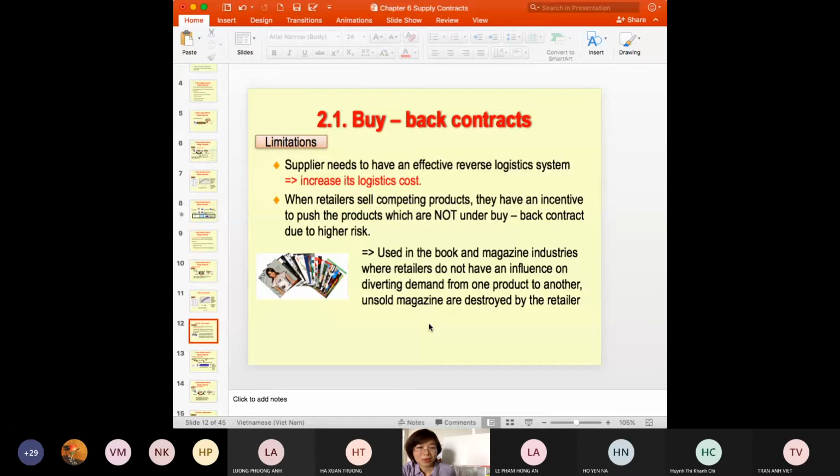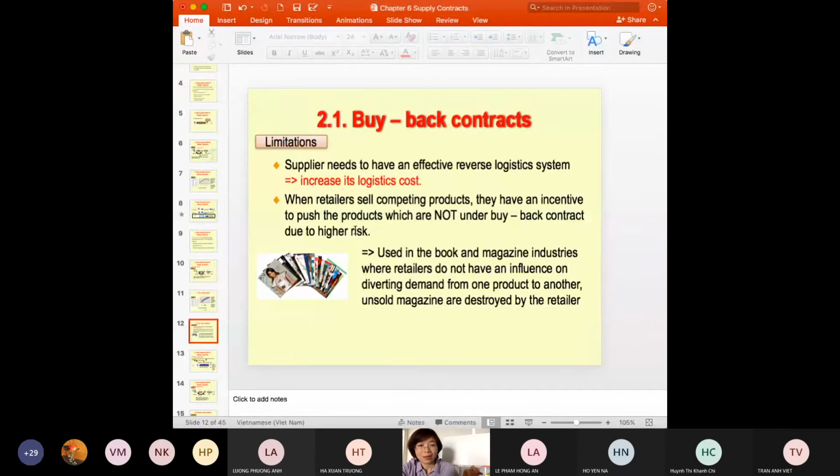For example, the retailer sells Samsung and Apple products, but they only sign a contract with Samsung.